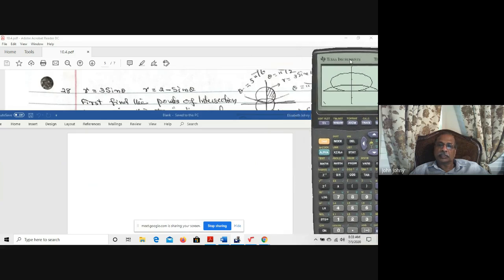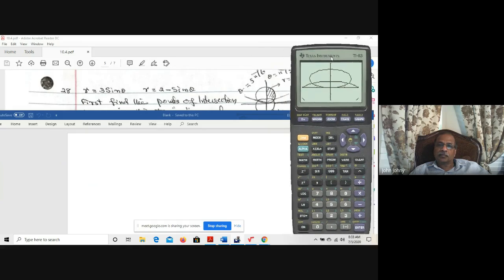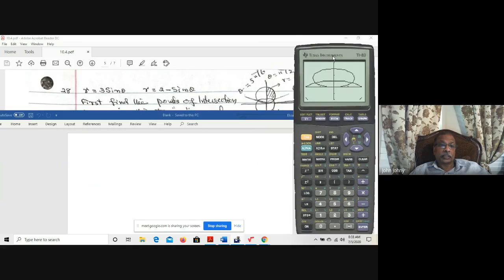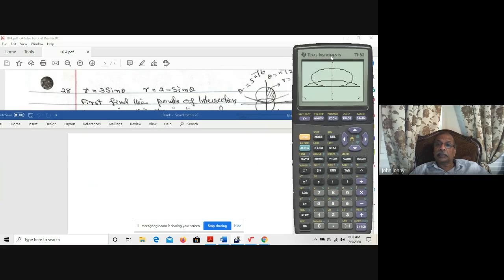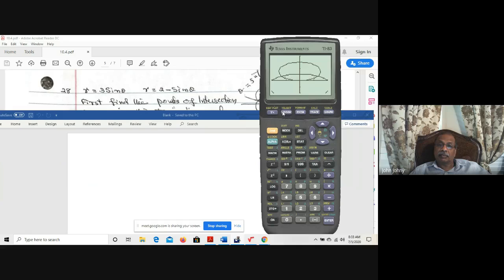It is two curves. The first one is a circle, and the second one is a cardioid. Let us change the window.